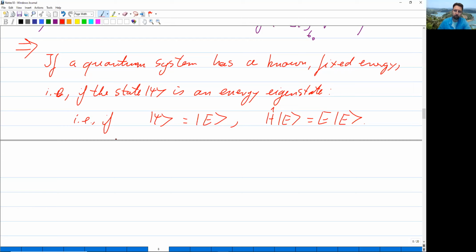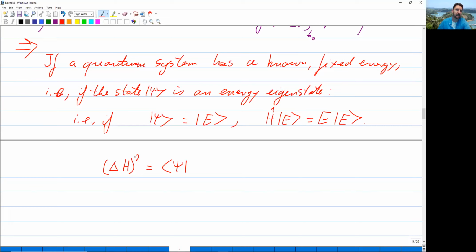So if the system is in an energy eigenstate, then the energy fluctuations delta H squared are vanishing. Let's prove this. What I'm calculating now could be calculated also for any other observable if the state of the system was an eigenstate. But let's assume we are dealing here with an energy eigenstate.